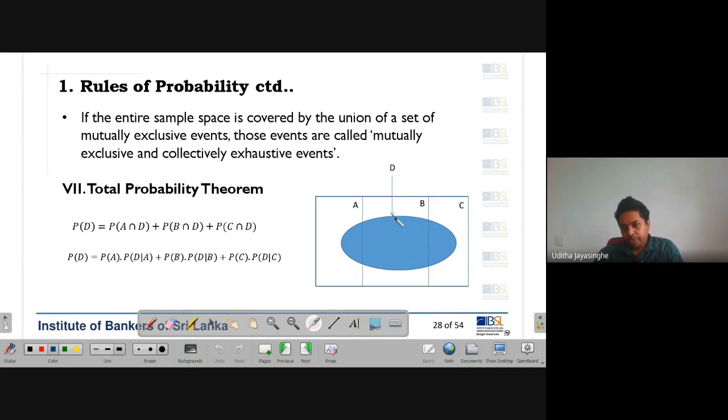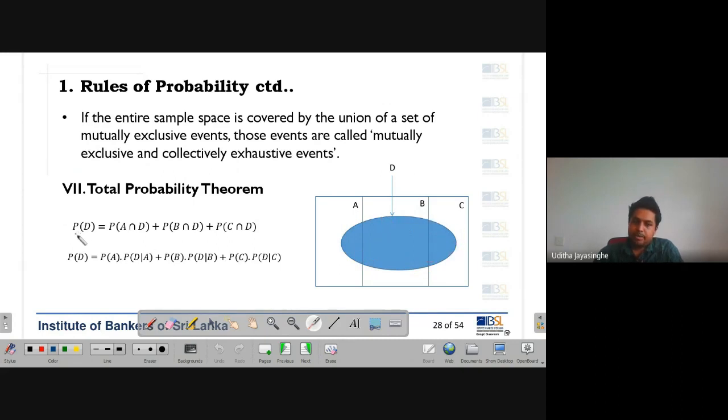The broader idea, without reading any of these texts, if you just look at this particular event in blue color here, that is event D. The total probability theorem is going to tell you, given an event that is completely combined with the commonality of a few other events, in such cases, you can add all these individual components and bring up the probability of the event under focus.